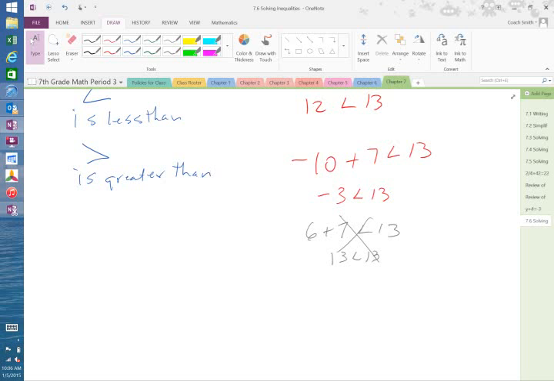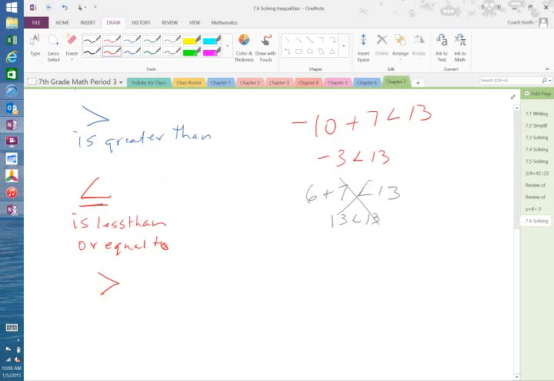We've talked about them before, but you have that is less than or equal to. Then you have the other one, is greater than or equal to.